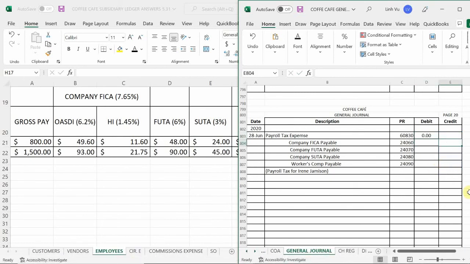So how much federal insurance contribution act, FICA? That part I don't have.